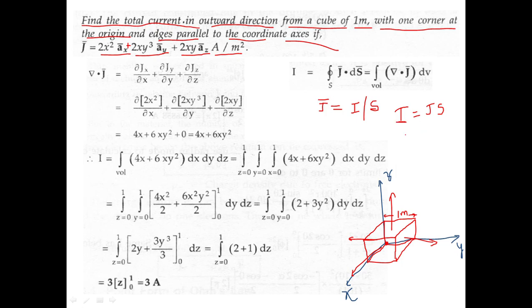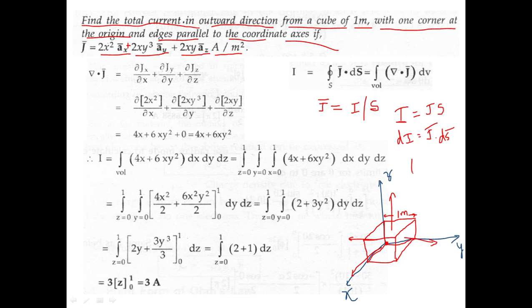Now if there is a differential current, then it will be dI is equal to j vector dot ds vector.